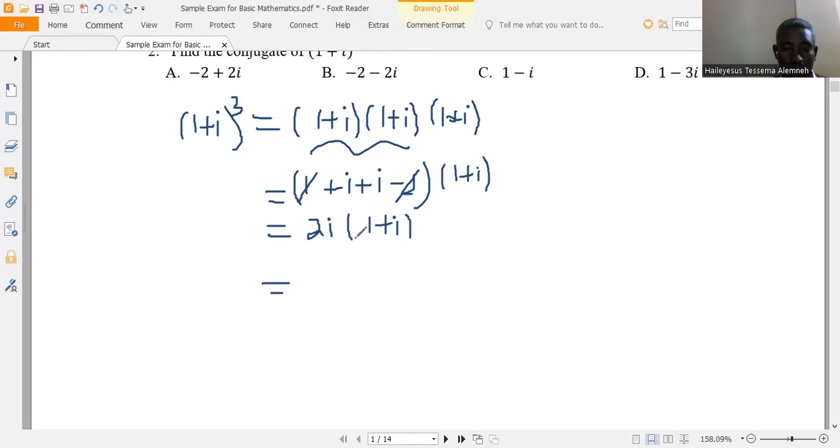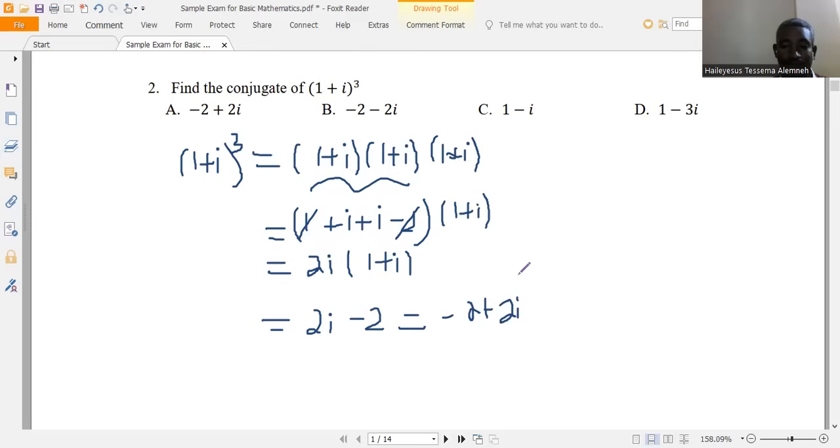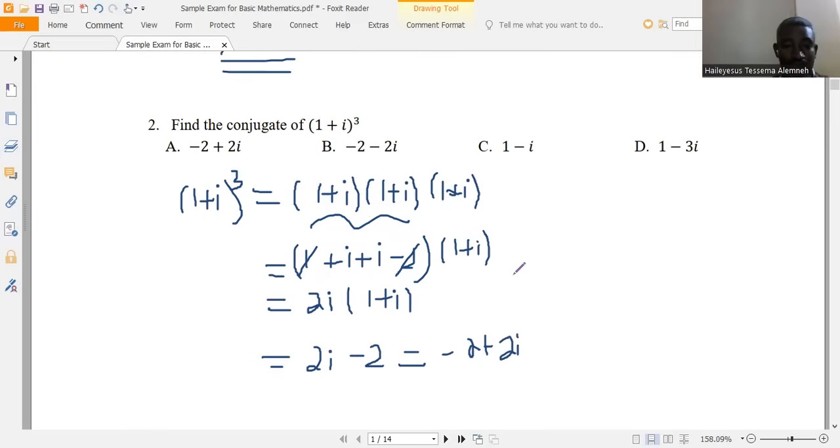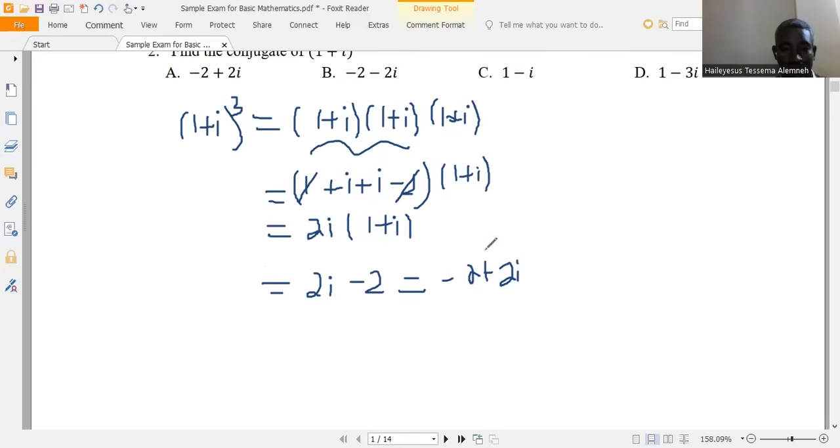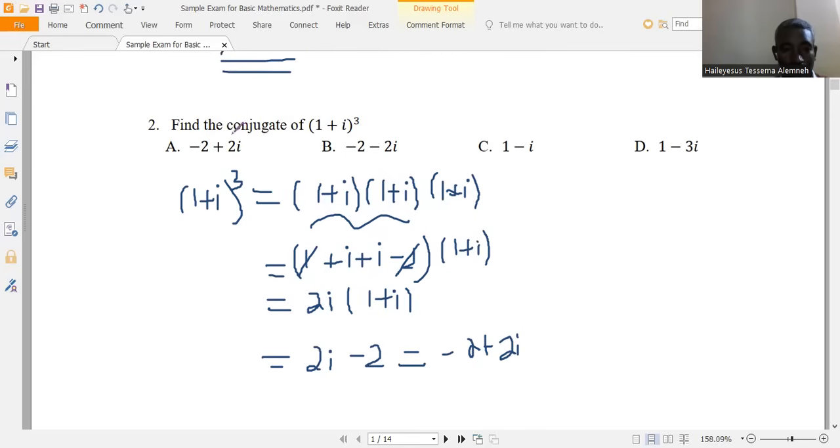So 2i times 1 is 2i, and 2i times i is 2 times i squared, which is minus 2. So in standard form, it is minus 2 + 2i. Minus 2 + 2i is (1 + i) cubed. Now its conjugate.